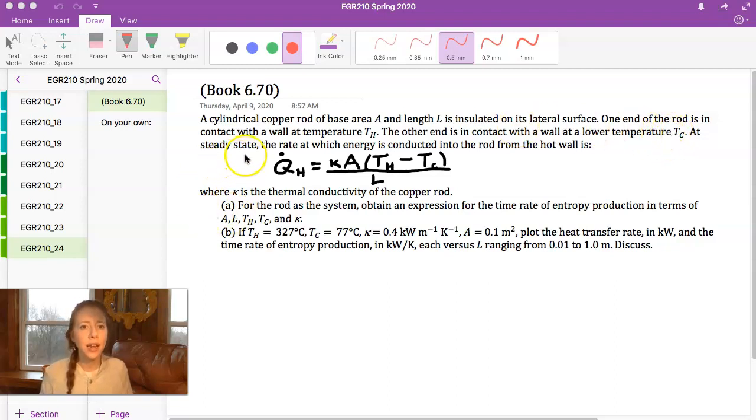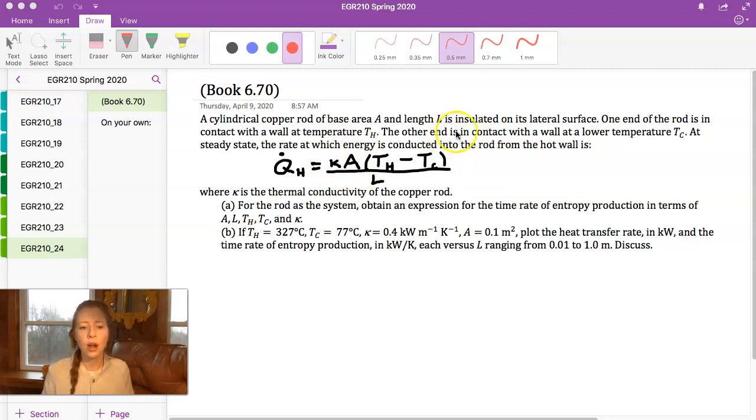At steady state, the rate at which energy is conducted into the rod from the hot wall is Q dot H equal to kappa A times TH minus TC over L. So this equation should look very familiar to you. This is the conduction equation for heat transfer, and kappa is the thermal conductivity of the copper rod.